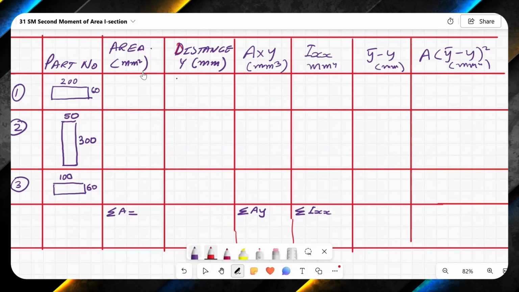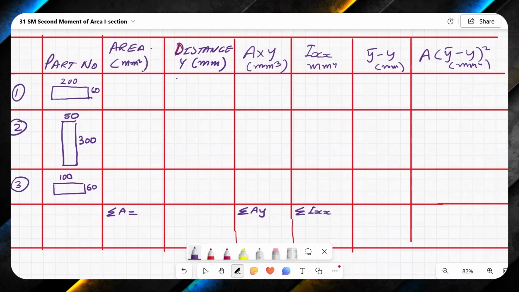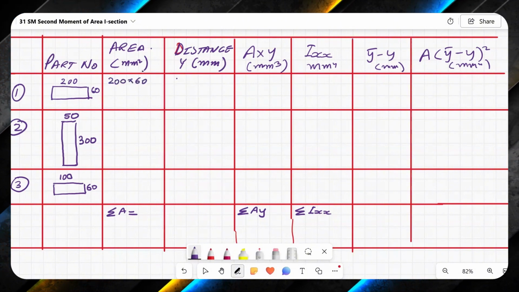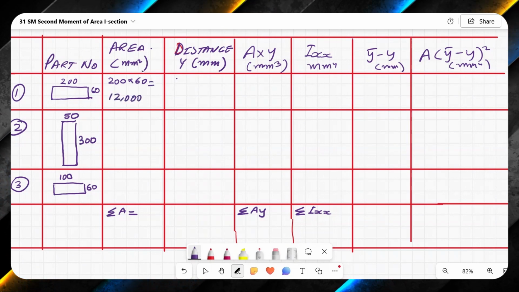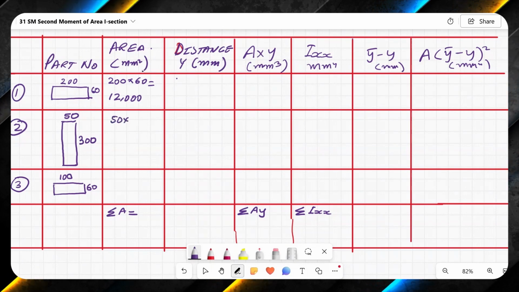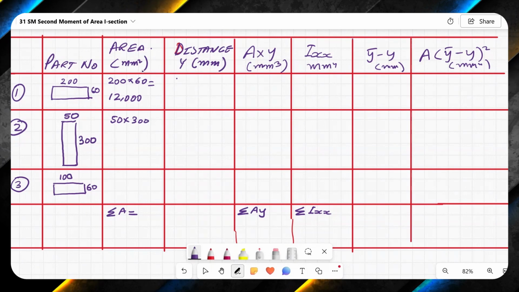So the first area will be 60 times 200. So 200 multiplied by 60. This is equal to 12,000. And then I will have 50 times 300, which is the area of this part.